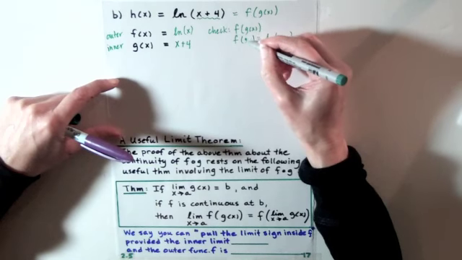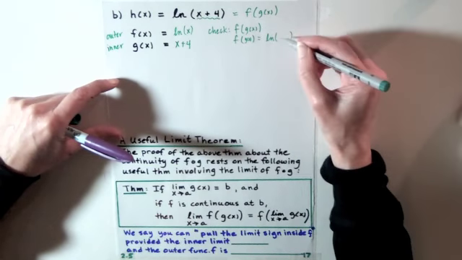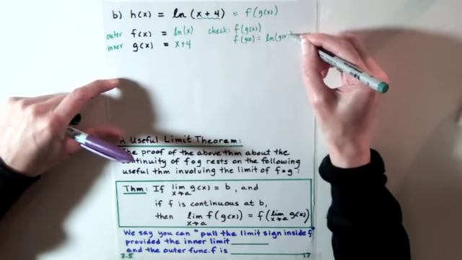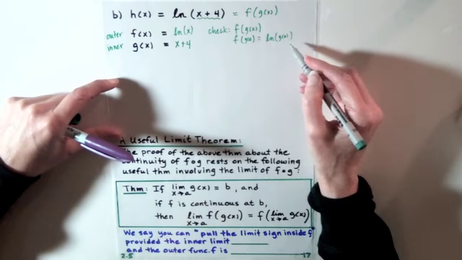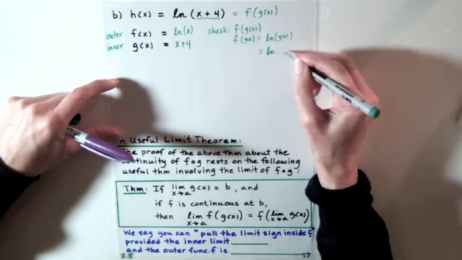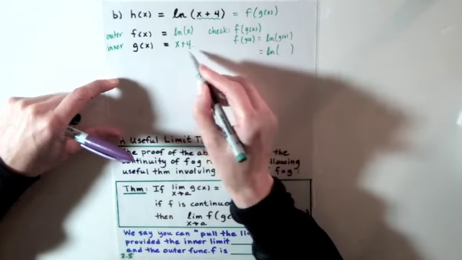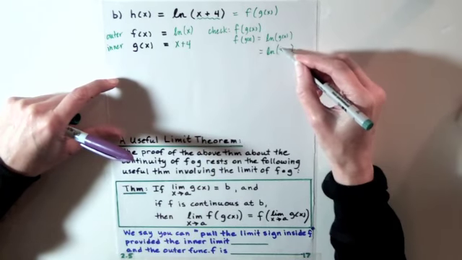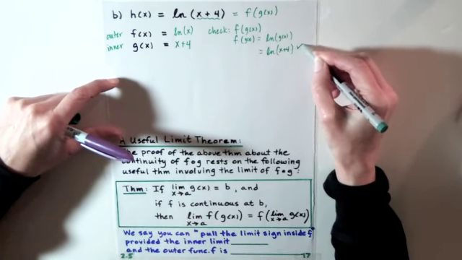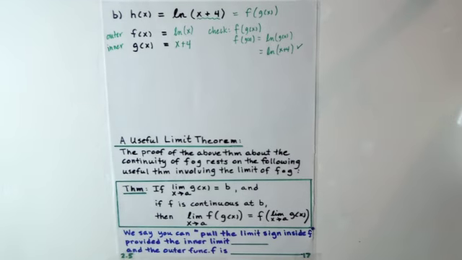So in particular, if I want f of g of x, I have to put g of x inside the ln function. That means I would end up with ln of g of x, and we said g of x is x plus 4, so I get ln of x plus 4. So that checks, and we've determined what the inner and the outer function are correctly.